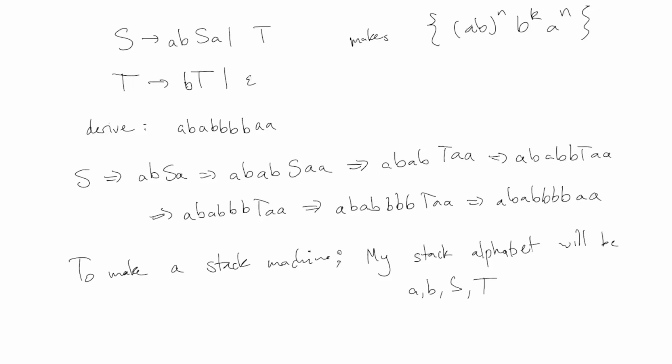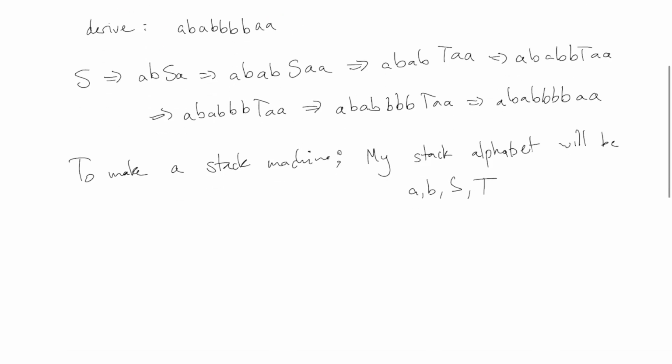And the way that this conversion works out is that each of the grammar productions, there are 4 of them, each of the grammar rules becomes a stack rule with an epsilon read. So each grammar rule is a read-epsilon rule on the stack machine.